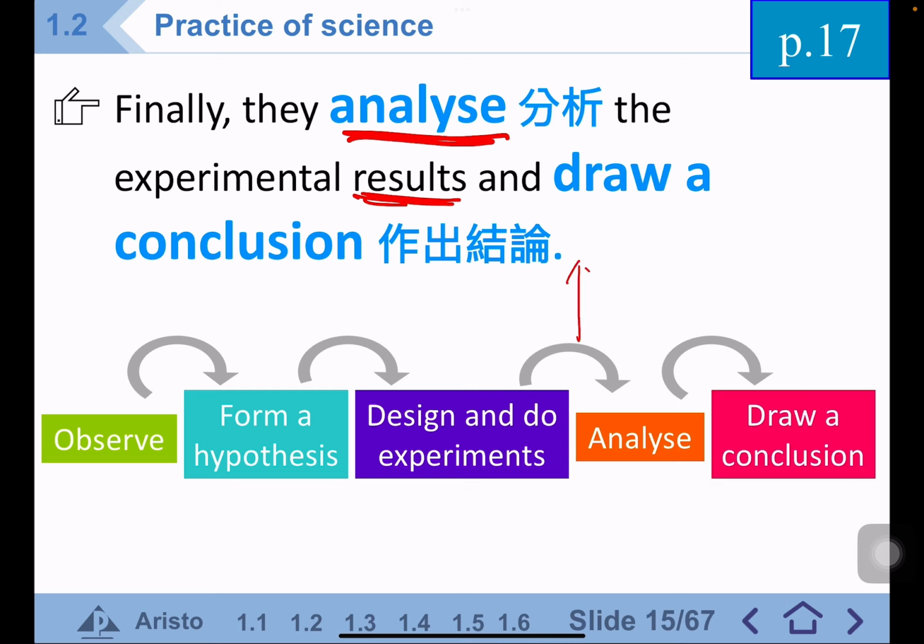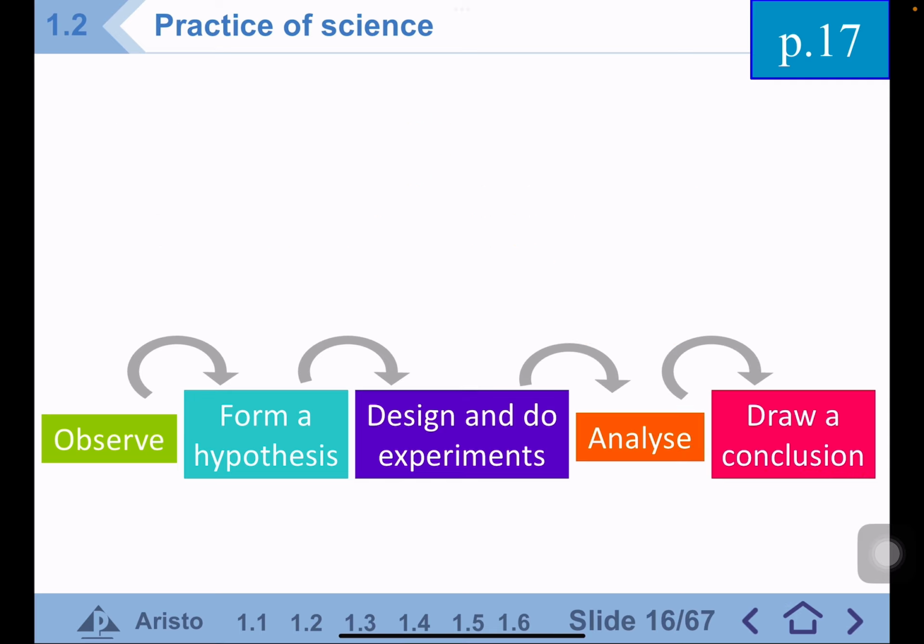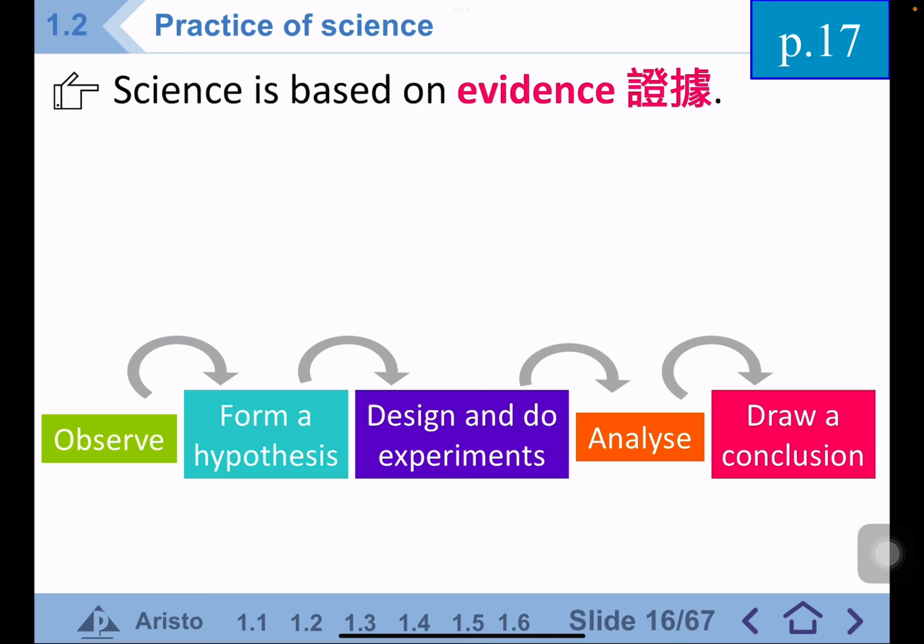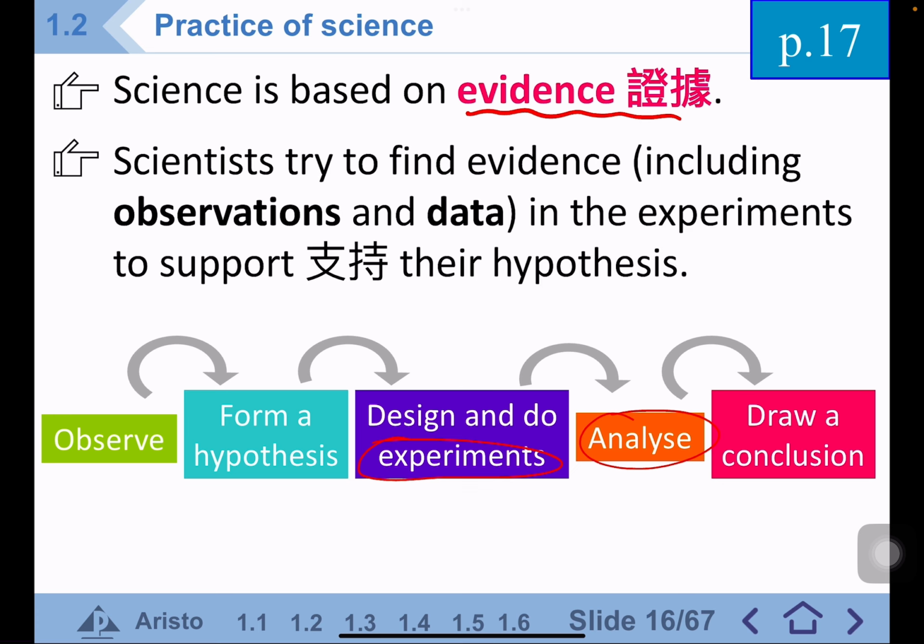And then they can draw a conclusion. Here, it is not drawing a graph or a picture, it's draw a conclusion. So these are the steps of doing scientific investigations. It shows that science is always based on evidence, because they do experiments and analyze the results to draw the conclusion.